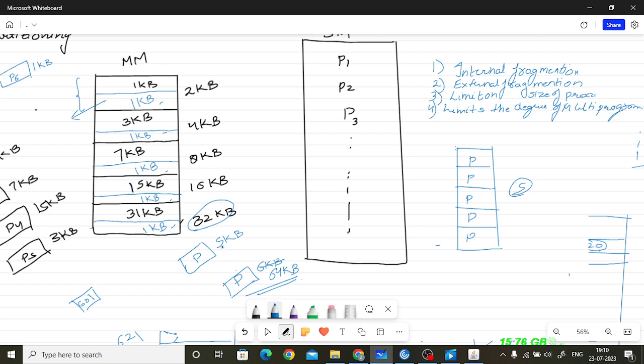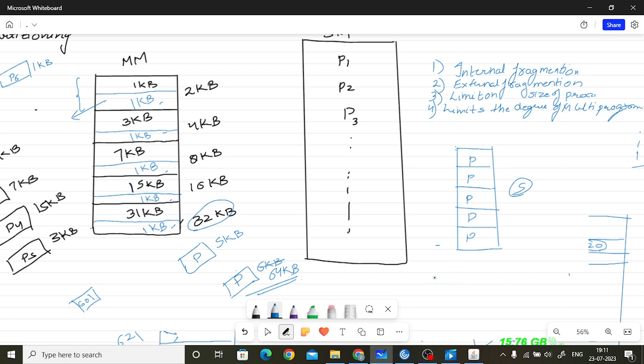Suppose we have a main memory of 4 MB, and we are dividing it into fixed size partitions, or you can say variable size partitions. I am taking fixed size partitions because it will be easier for me to explain.